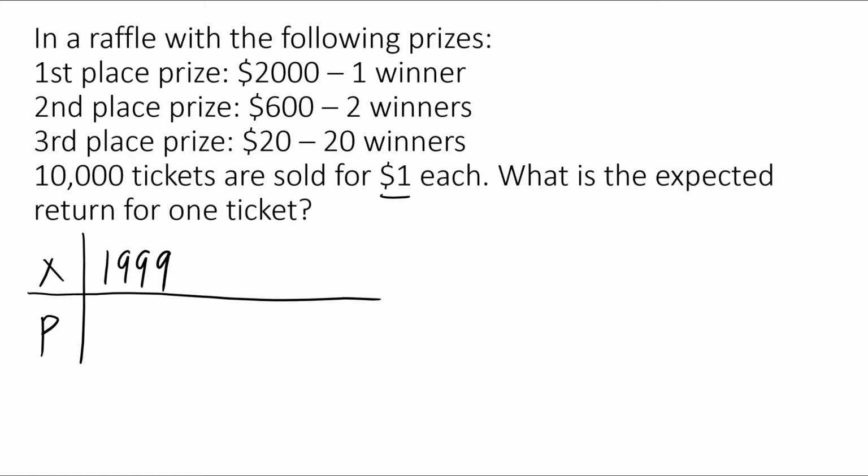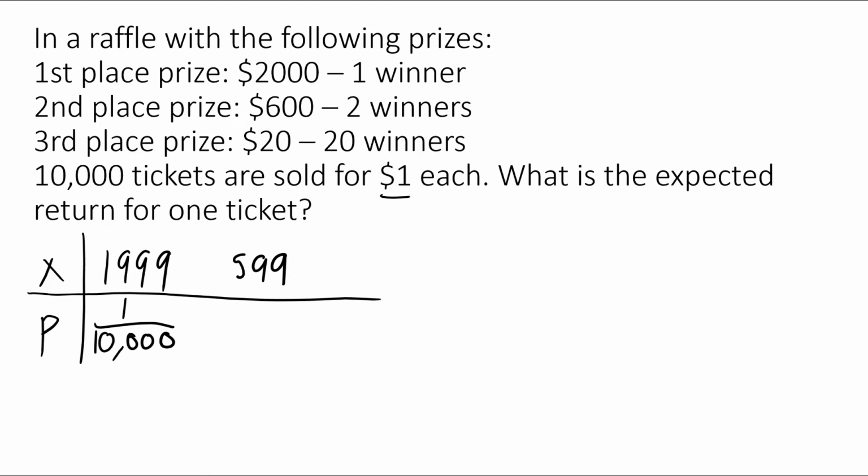All right, so then let's find its probability. So there's only one winner of the first place prize out of the 10,000 tickets that are sold. So that's 1 out of 10,000. So that's our probability. All right, then we have second place, that's $600, but again, they paid $1 to play the raffle, so they would have won $599.